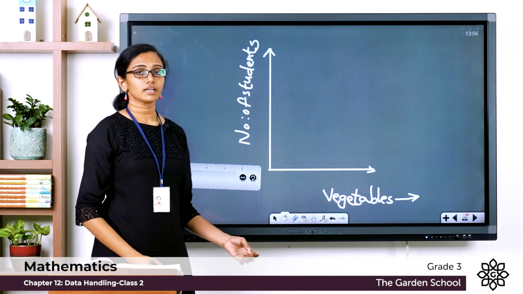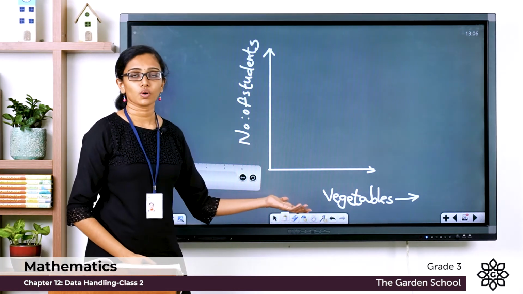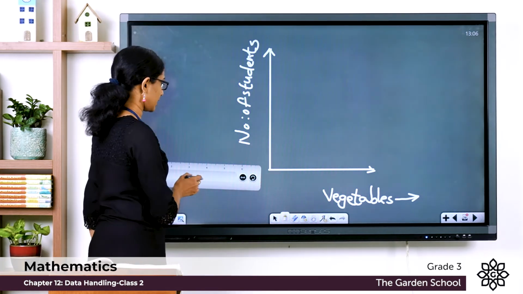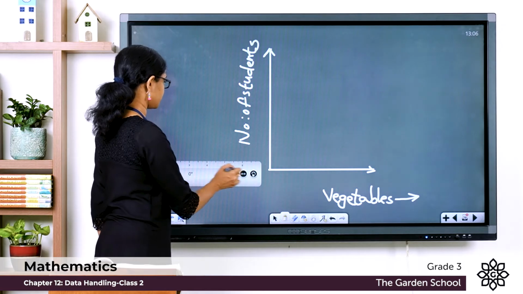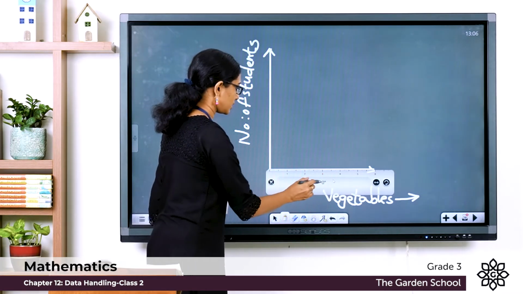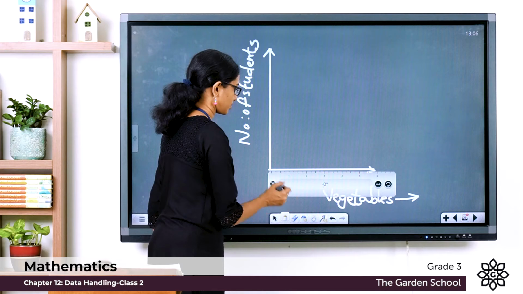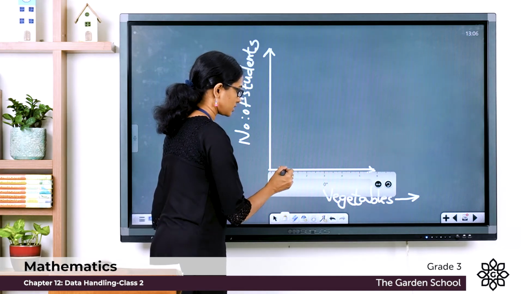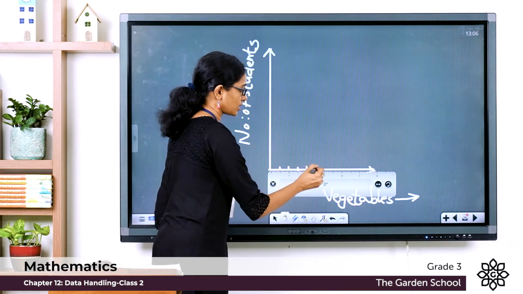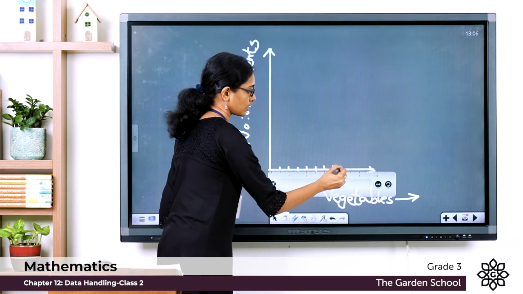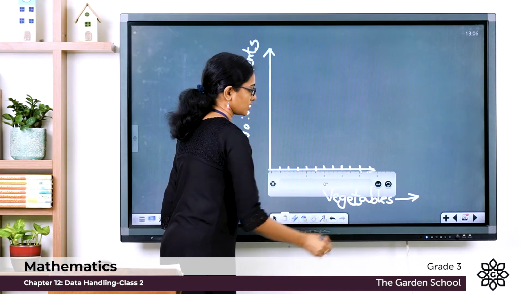Now you have to mark equal divisions both on the horizontal and vertical line. So using your ruler, you have to mark equal divisions. So I'm going to mark equal divisions on the horizontal line first, or the horizontal axis first.